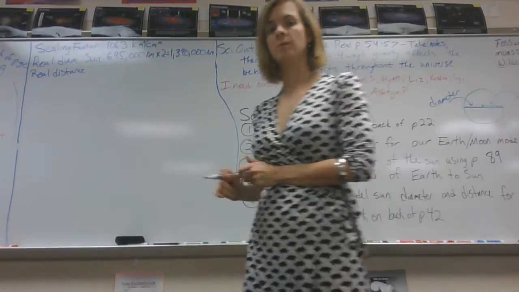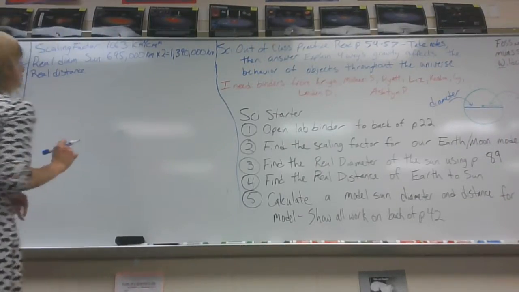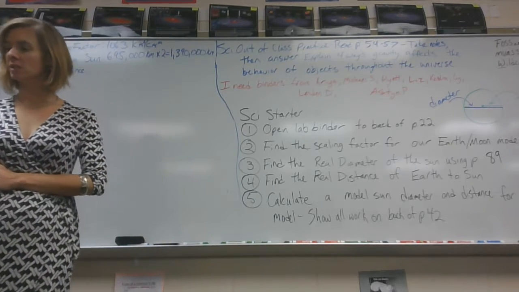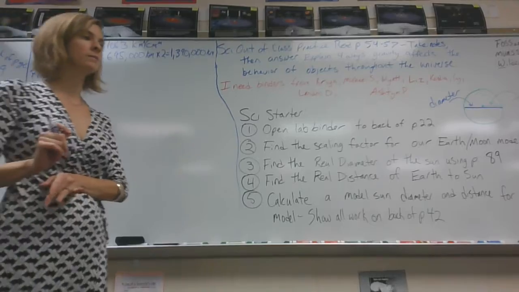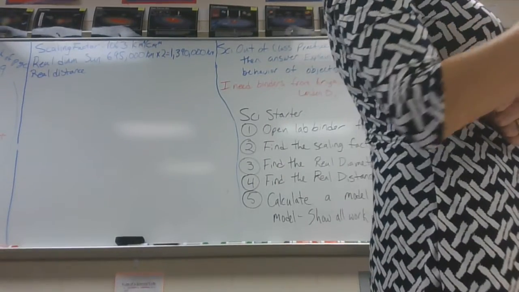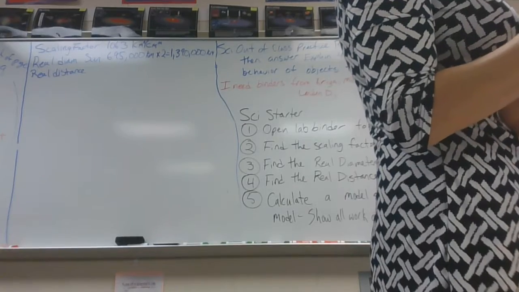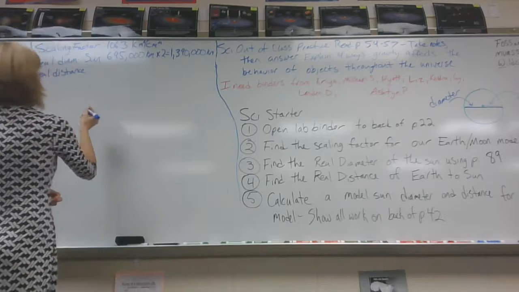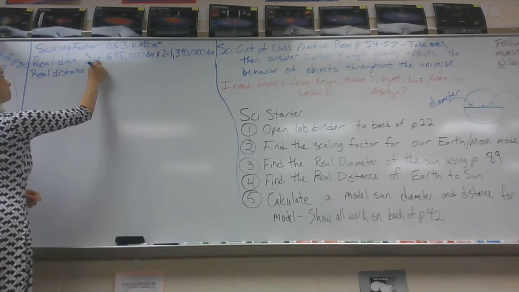There we go. That's better. All right, so real distance of the Earth to the sun. You got your finger on it? Are you looking, Cody? Yeah? Perfect. What is that distance? 149,600.